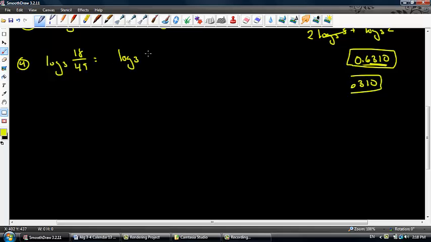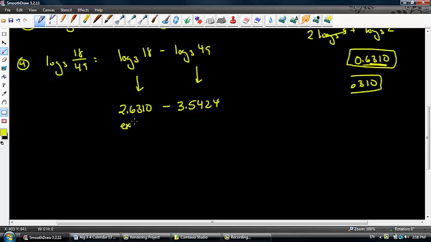This is log base 3 of 18 minus log base 3 of 49. Well, actually, if you look back at example number 2, we already did log base 3 of 18, so I'm not going to do it again. It's 2.6310. Now, we also did log base 3 of 49 a little while back. Log base 3 of 49 was 3.5424.